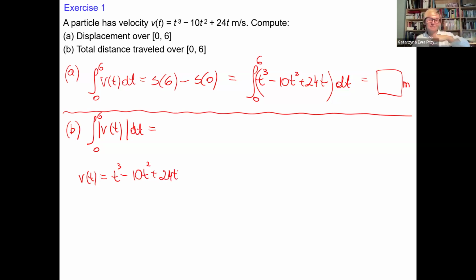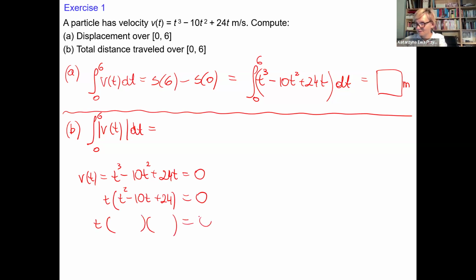That's the x-intercept, it changes the position from negative to positive. Okay, that means this is 0 if we can factor out t squared minus 10t plus 24, because we need a product form, factored form. And who can help me to factor the quadratic expression? t squared minus 10t plus 24.